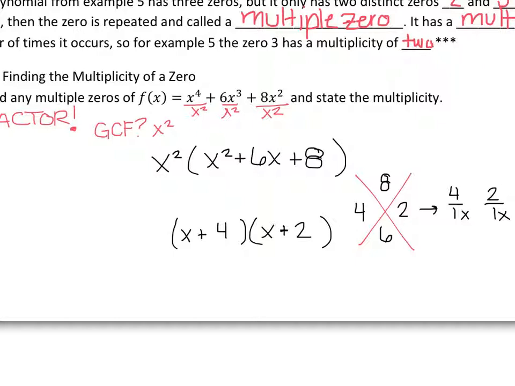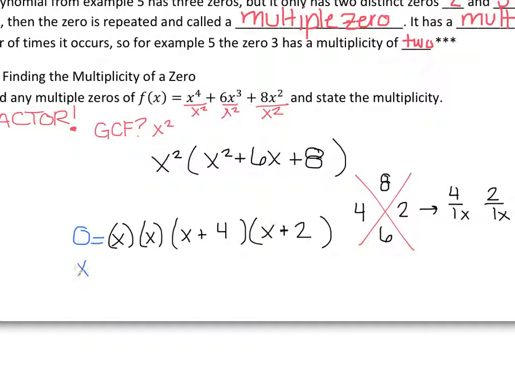Now we need to bring the x squared down, but we're trying to make everything linear, right? X squared is quadratic, but what can we break it down into? X times x. So we can have x and another x. And if I'm trying to find my zeros, set it all equal to 0.